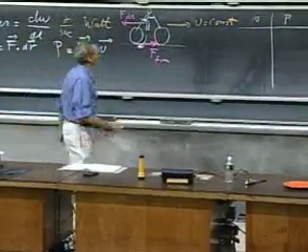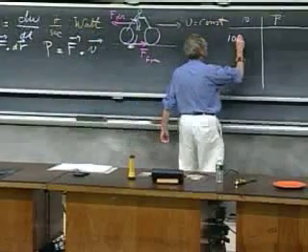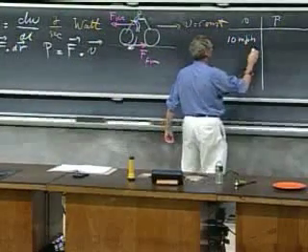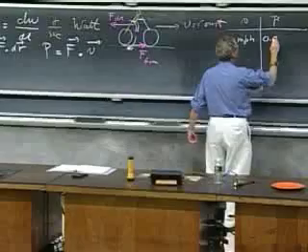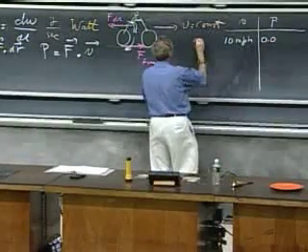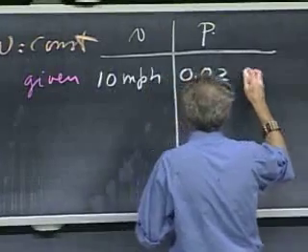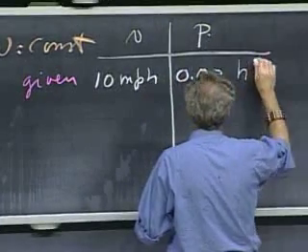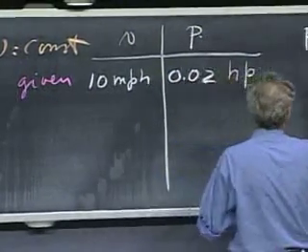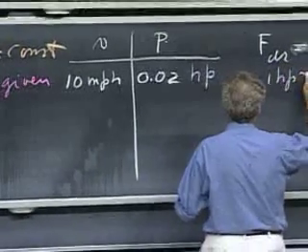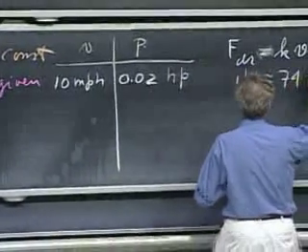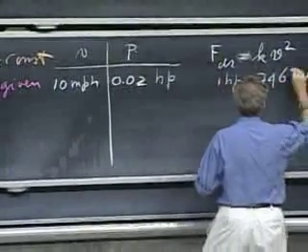Then, if I drive 10 miles per hour, and I tell you that the power, this is a given, this is not something that I show you, is about 0.02, 1/50th of a horsepower, and 1 horsepower is some crazy unit, 746 watts.